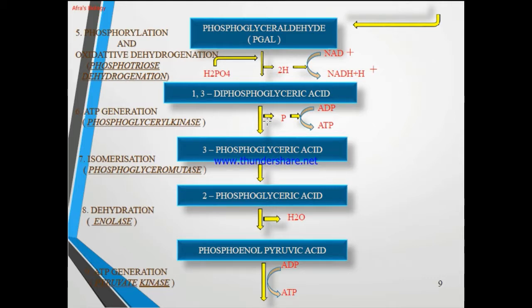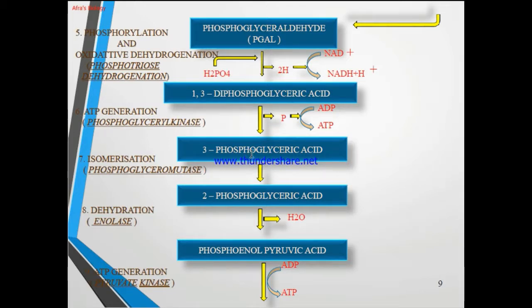The next step, step number 7, we call isomerization. In the isomerization, 3-phosphoglyceric acid is converted into 2-phosphoglyceric acid. What does it mean? It is just the change in the position of the phosphate group to the 2 position.